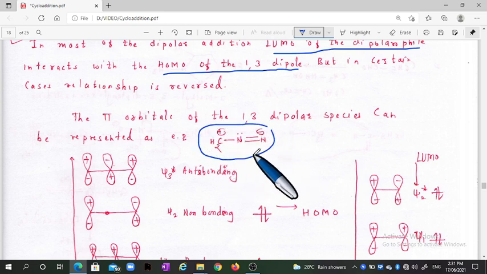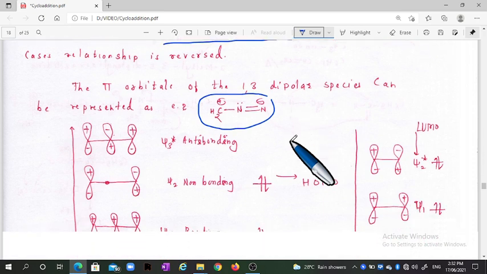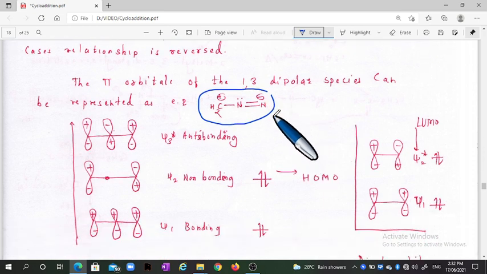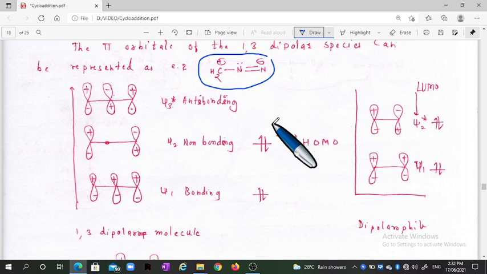That species is diazomethane, and that is the 1,3 dipolar species, and this is similar to the allylic system. Therefore the molecular orbital diagram for this species is similar to the allylic system. Here we have drawn the molecular orbital diagram for this diazomethane 1,3 dipolar species.